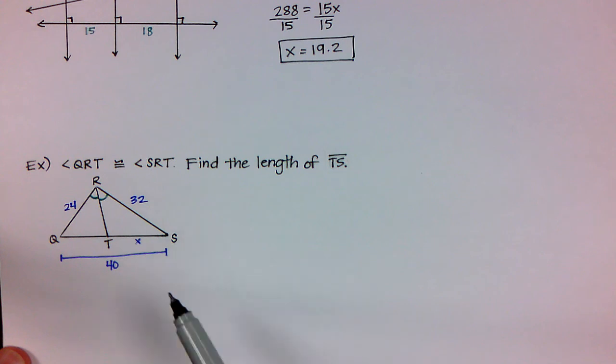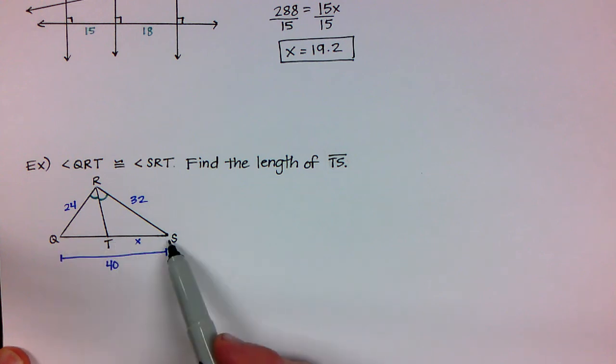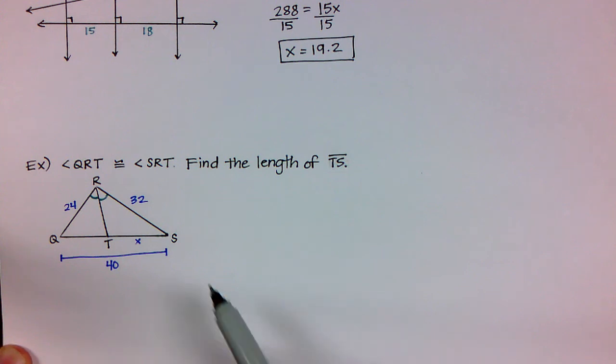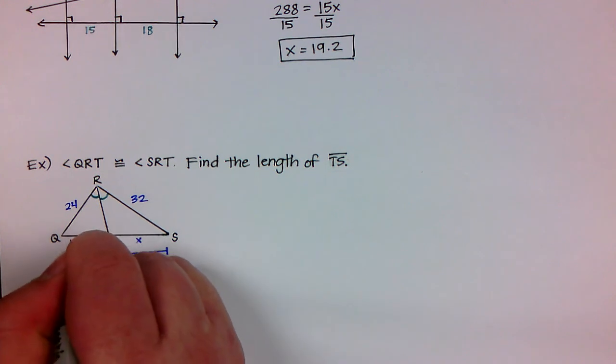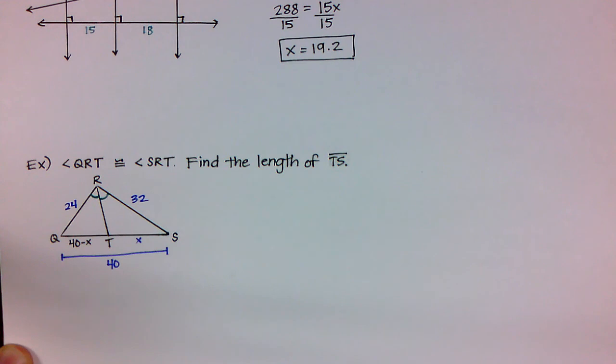So this is a little difficult because I only know this entire length from Q to S. And I'm looking for just part of it. So what we're going to do is compare different sections by saying that if this is X, then I can say that this right here is 40 minus X.